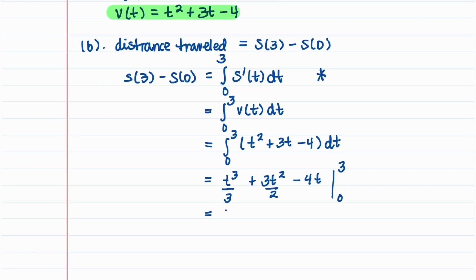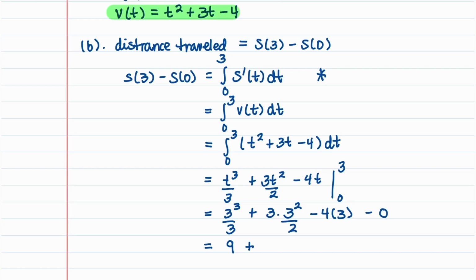This gives us 3 cubed divided by 3 plus 3 times 3 squared divided by 2 minus 4 times 3. And then it's always nice when our lower limit is 0 because we just subtract off 0. 3 cubed divided by 3 is 27 over 3, which is just 9.